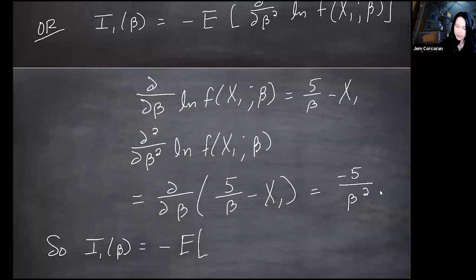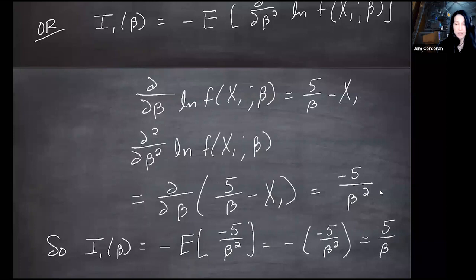So it's the negative of the expected value of -5 over beta squared, but there's no x's there. That's just a constant. So we get the negative of -5 over beta squared, which is just 5 over beta squared, which is what we got the other way, with our other computation for the one-dimensional Fisher information.